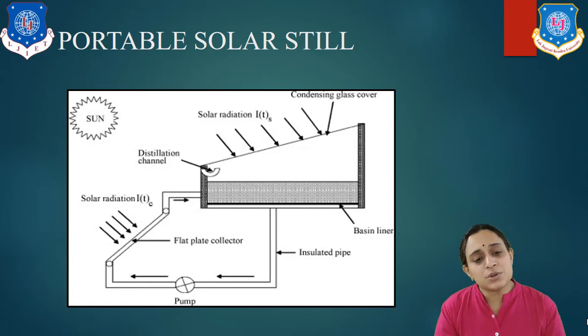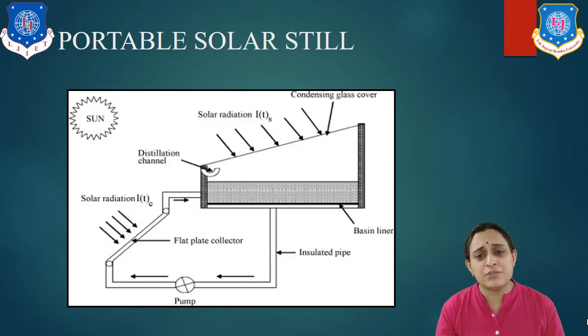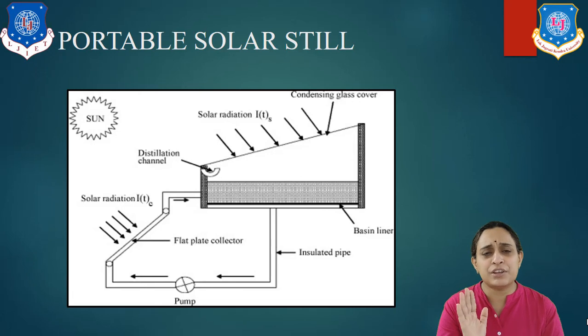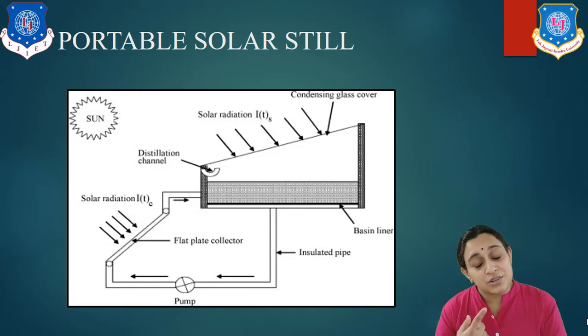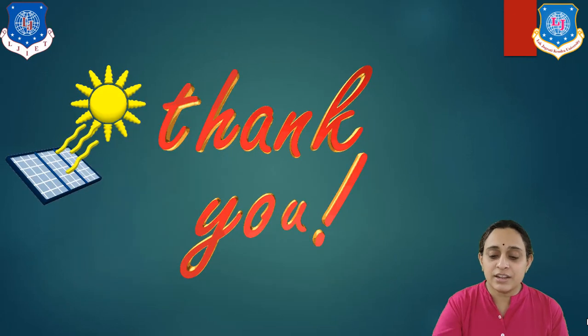The portable solar still is a very simple passive device and can give about 2 to 5 liters of distilled water per day. As you see, it is only 1 to 2 square meter in size and 10 to 20 centimeters in depth, and it will give us nearly 2 to 5 liters of drinking water. So we can use it if there is a shortage of drinking water in our area.